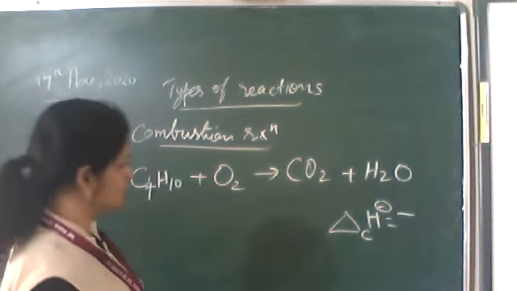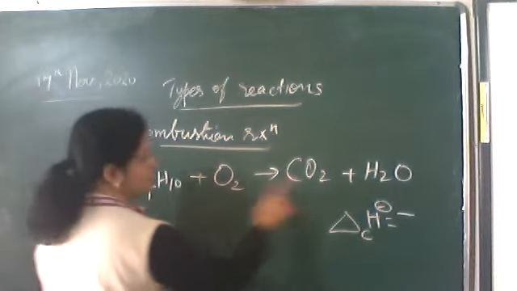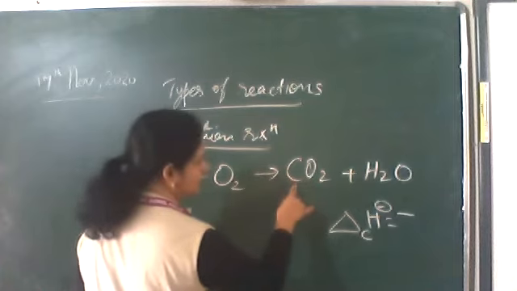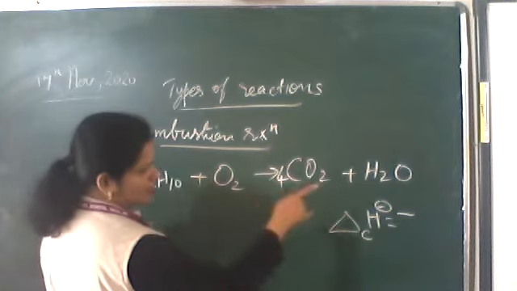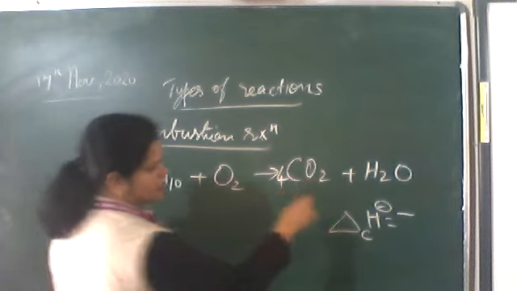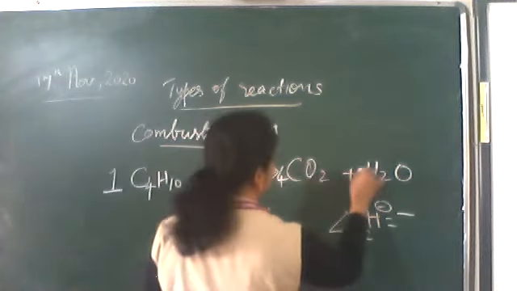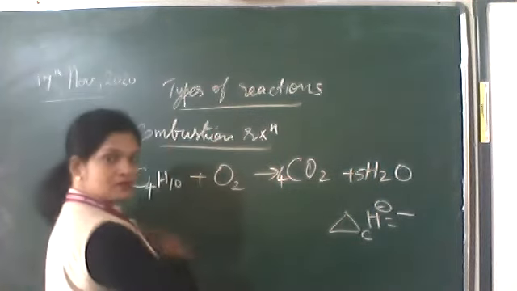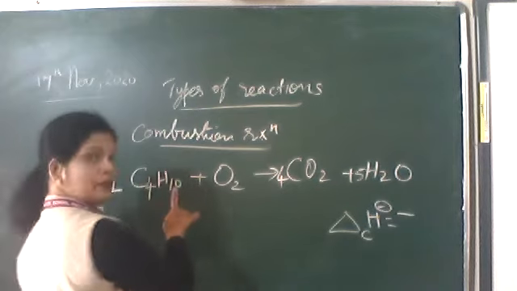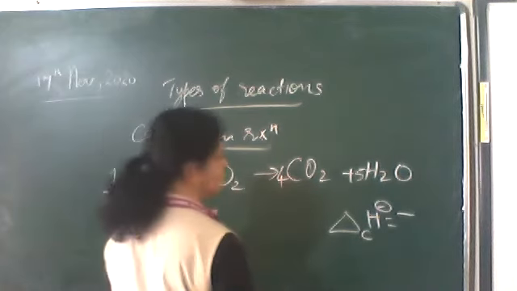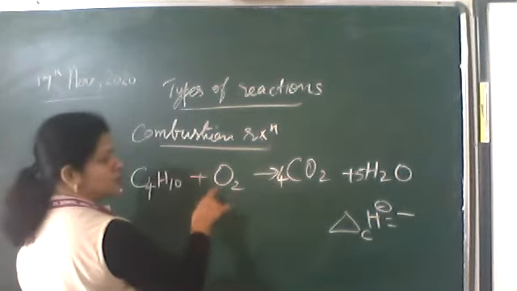Enthalpy of combustion. Now, C4, here you see carbon, so we are writing 4 here. H10, it will be H10, then it will be 5H2O. Why? Because we have taken 1 mole here, so there will be 10H, so 5H2O. Then you come to balance the oxygen.